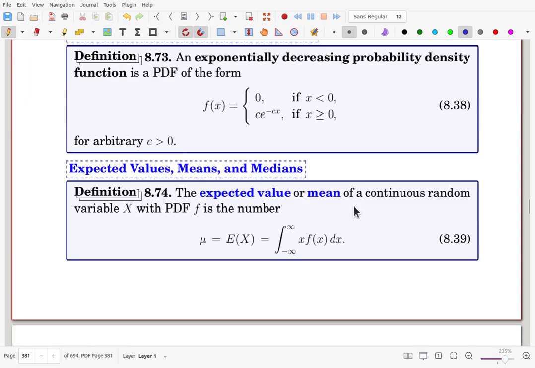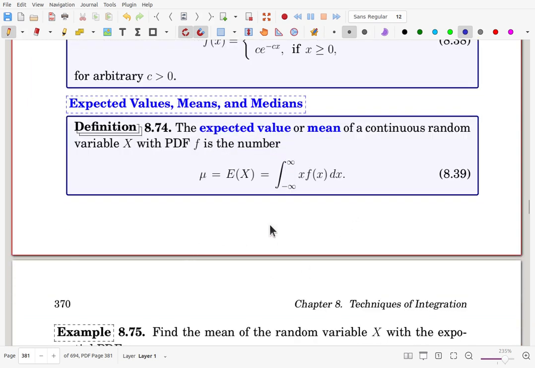Okay. Now, here we define expected value and mean. Sometimes it's called expected value, sometimes it's called mean, of a continuous random variable with PDF f, as the number obtained through that integration over the overall interval: x times f of x.